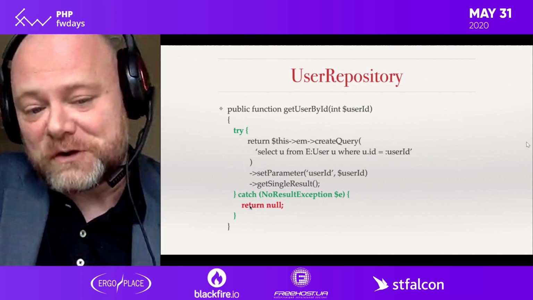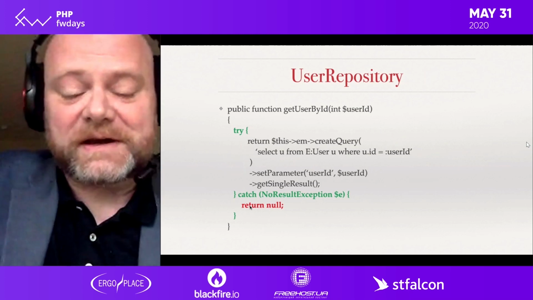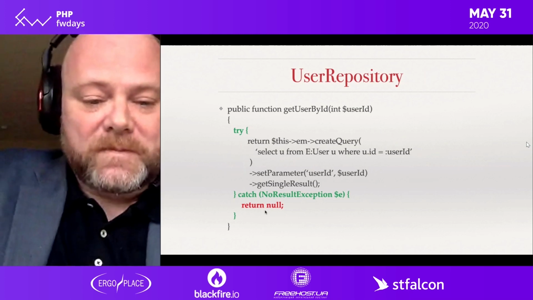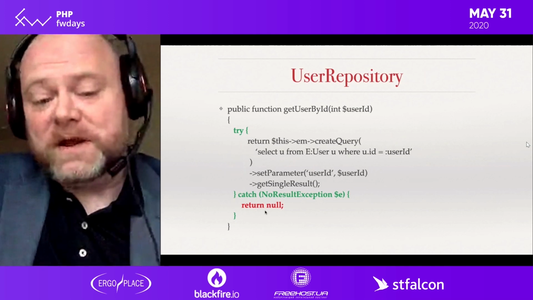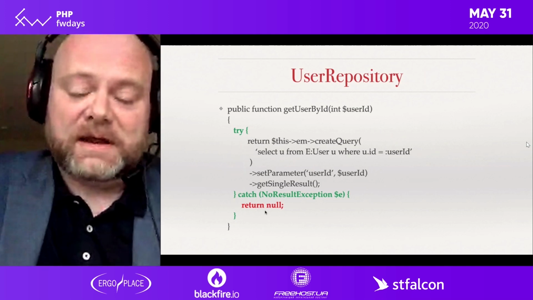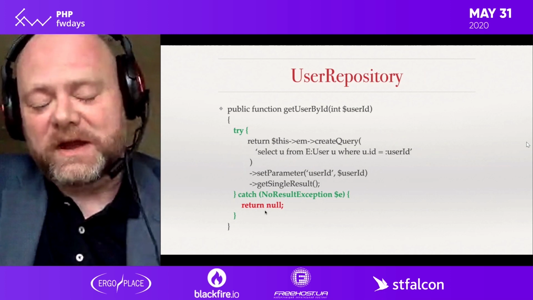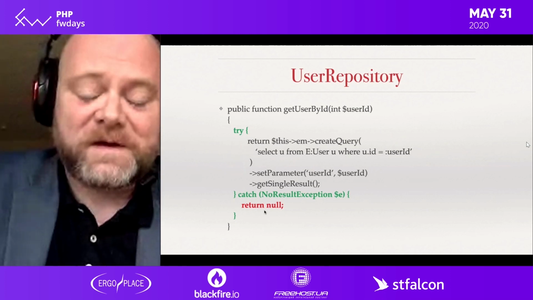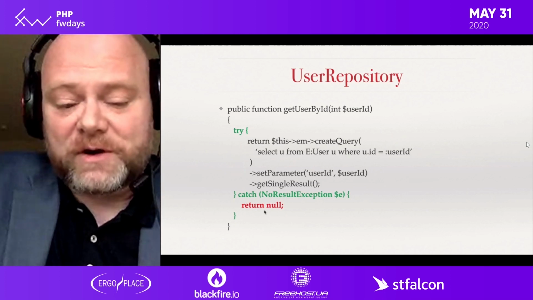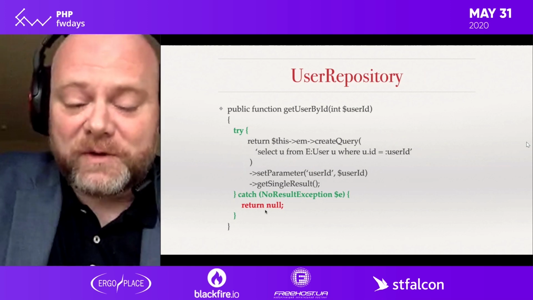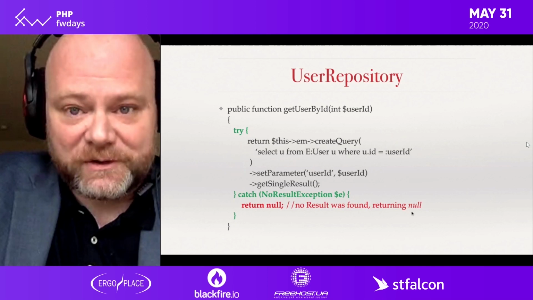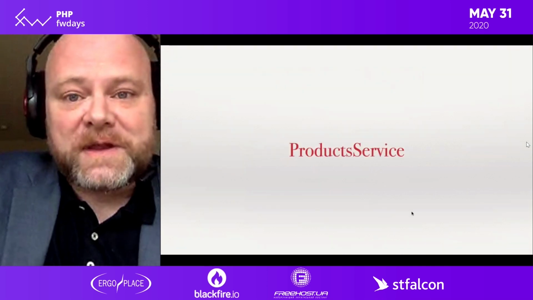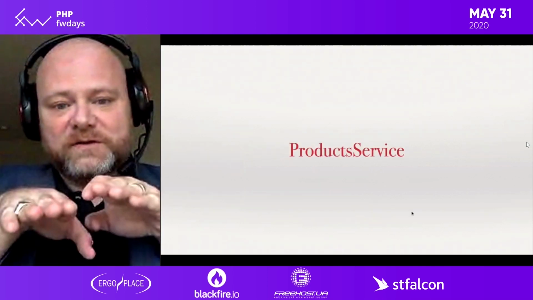We're going to just return null ourselves. While this is not something you should be doing, I have seen this in code, right? And it's kind of a convenient way to handle when things are not found. Obviously, we're going to show you the right way to do it. But for now, we're going to go with this. Okay, so no result was found. We're returning null.